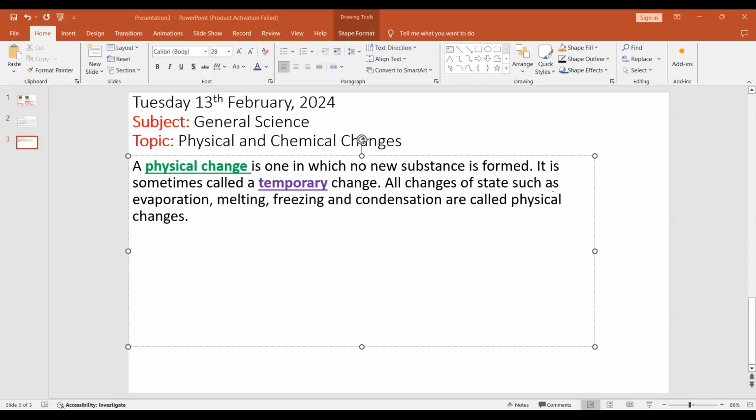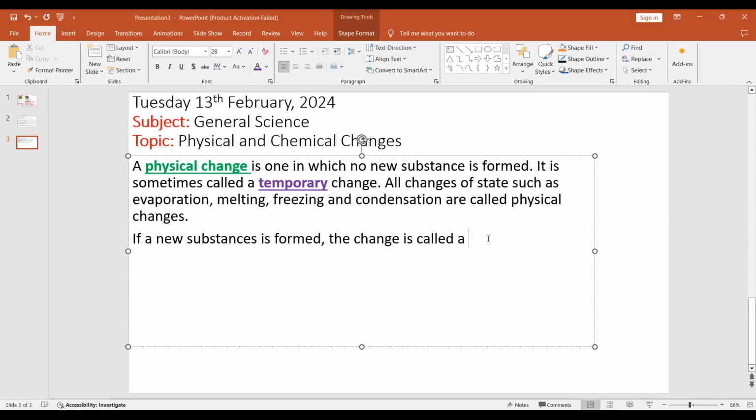Now, what happens if a new substance is formed? So let's talk about this. If a new substance is formed, what do we call that change?